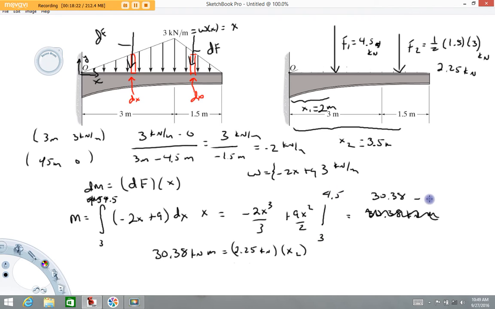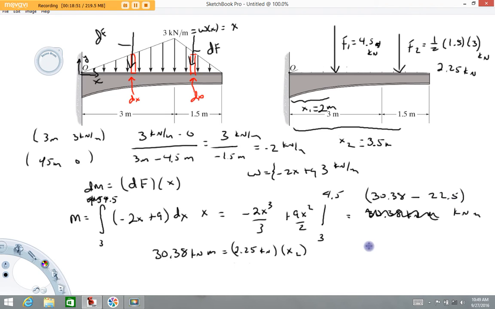When we put in the bottom limit, 3, I get 22.5 kilonewton meters. Can't seem to even copy a number down right.